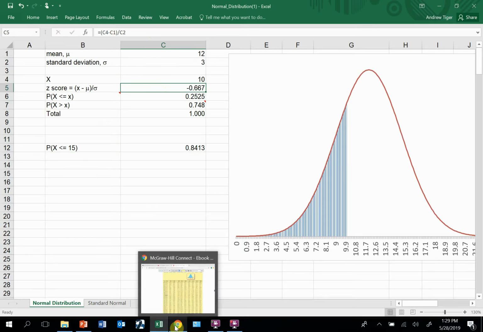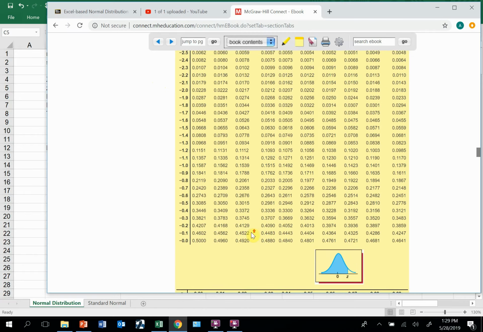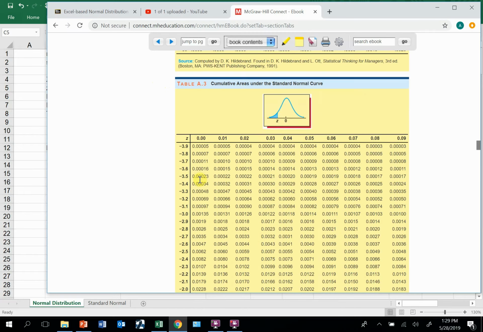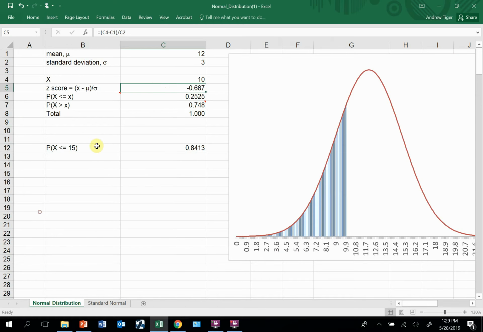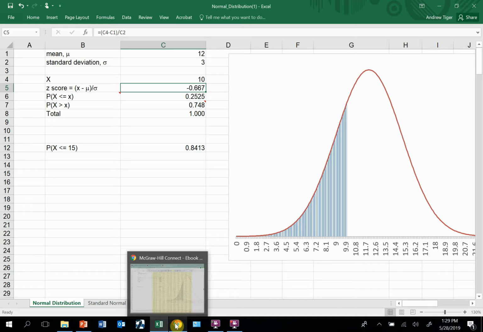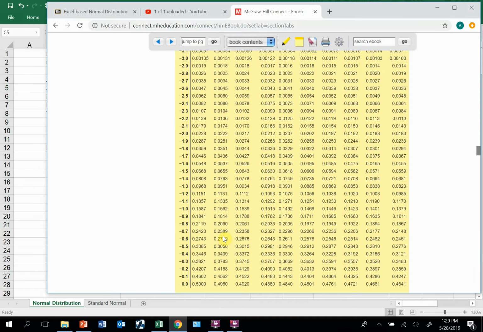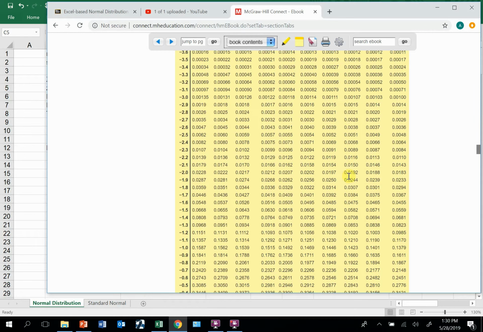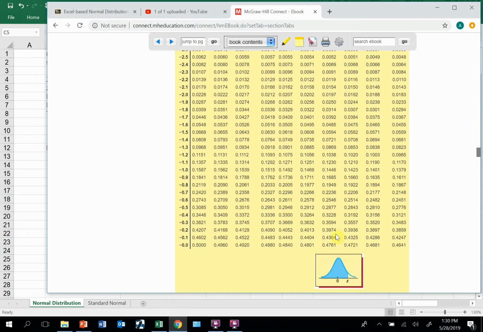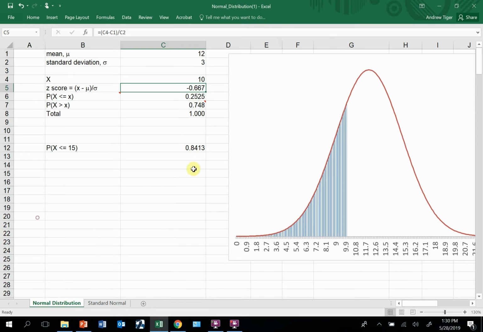So I now go to the book, and I have to go to the negative side, and I go down here and I find minus 0.6. What I'm looking for is 7, something close to that. So minus 0.6, it's one of these two columns, so it's between 0.2546 and 0.2514.